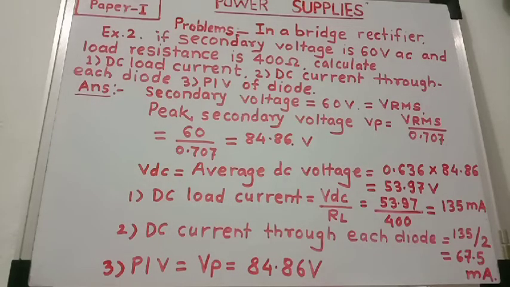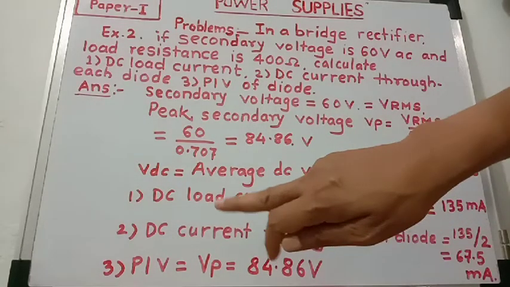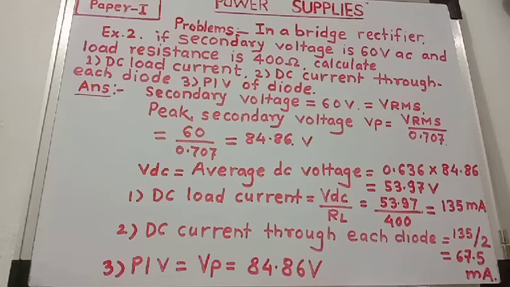Then we can calculate the diode current, that is, the current through each diode. It is exactly half of the DC load current, because each diode in a bridge rectifier circuit, all these four diodes, conducts during the half cycle only.